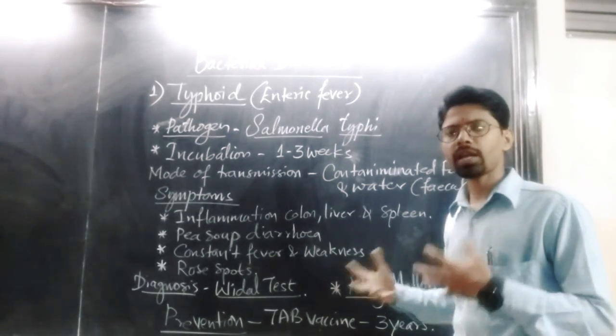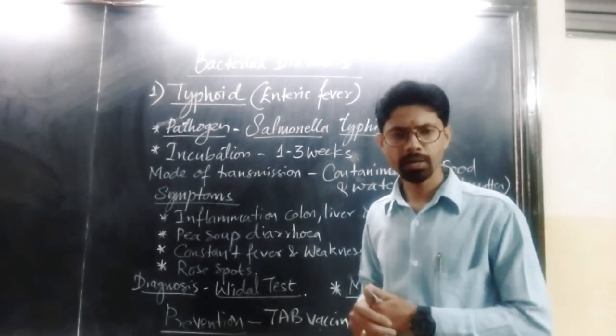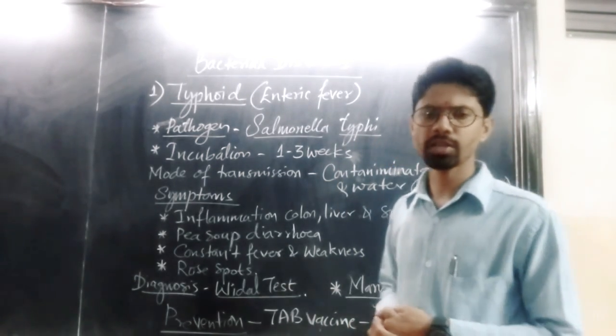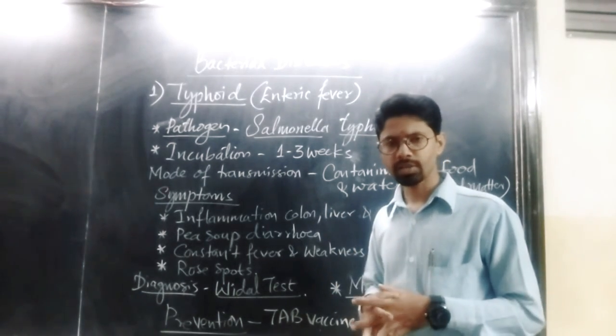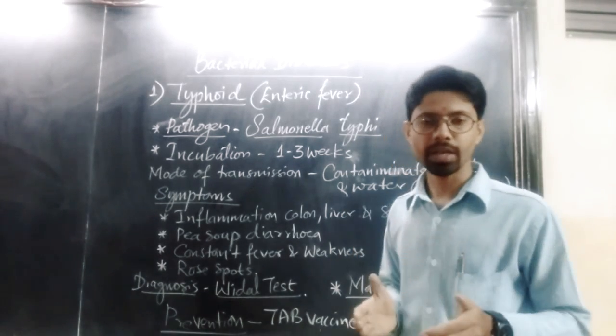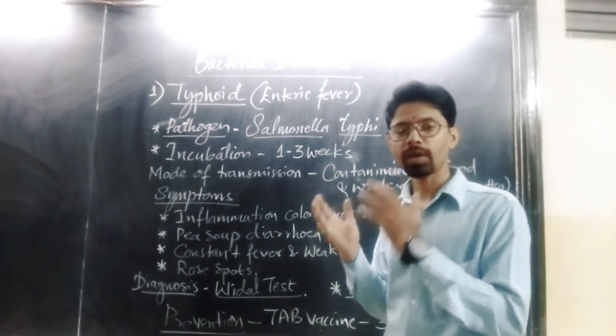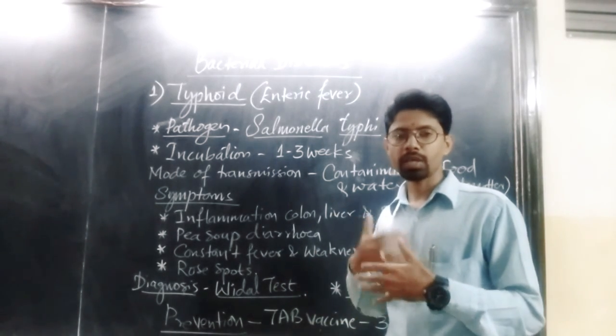Better than this, there are natural methods of prevention of this disease. Follow Swachh Bharat Abhiyan, maintain cleanliness around yourself, wash your hands whenever you go to the washroom, keep cleanliness in the washrooms. Maintain hygienic conditions in the house.